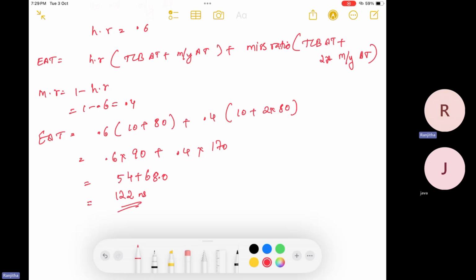So the answer is 122 nanosecond. I'll share it via the screen.